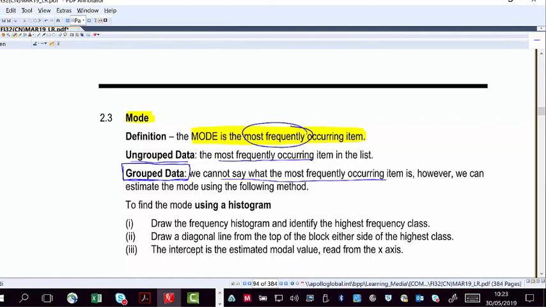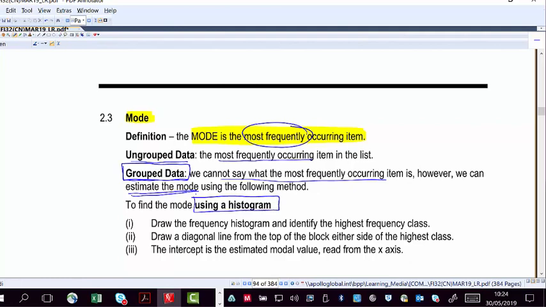However, we can overcome that issue by estimating the mode using something called a histogram. And a histogram is a graphical representation of the frequency of the data that we're given. So here it gives us a three-step process to find the mode using a histogram.